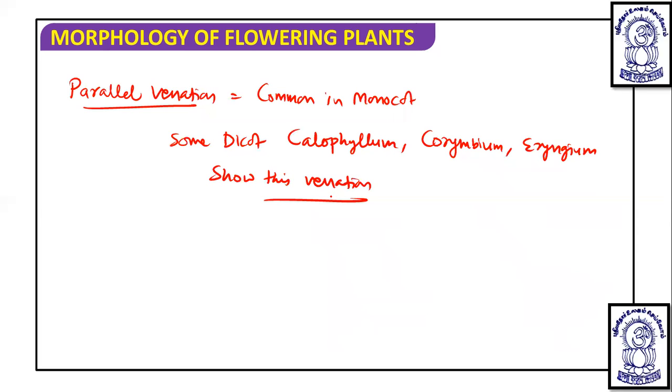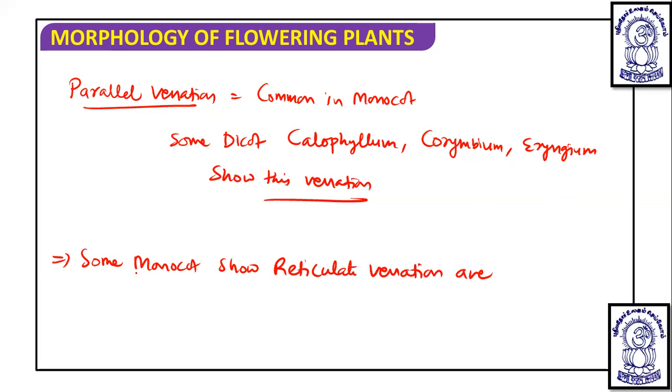Whereas in reticulate, some monocots also show reticulate venation, and the examples of monocots that show reticulate venation are Smilax, Dioscorea, Alocasia, Colocasia.